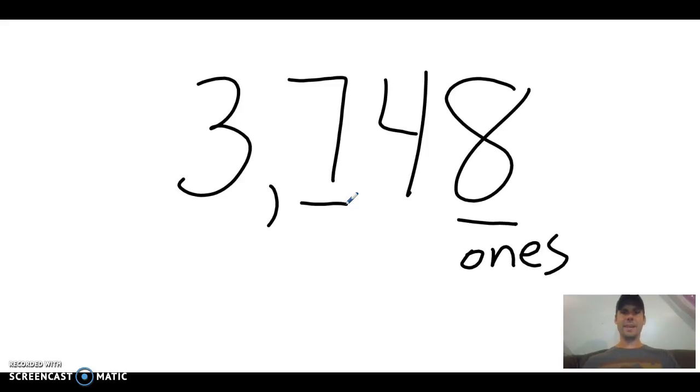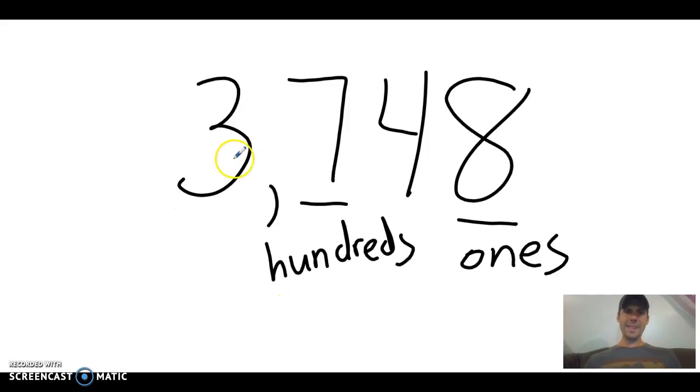That digit 7 is in the hundreds place, which means that its value is not just 7, but 700. The 3 is worth 3,000, and the 4 is worth 40. So when you look at the number 3,748, you see that it has 4 digits. All 4 of those digits have different values depending upon what place those digits are in.